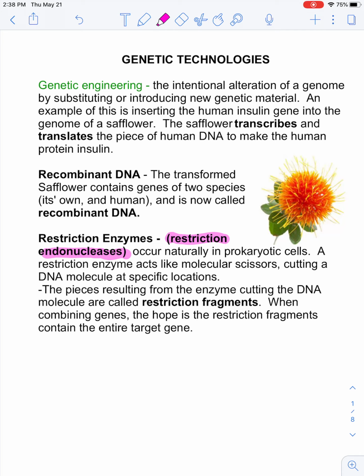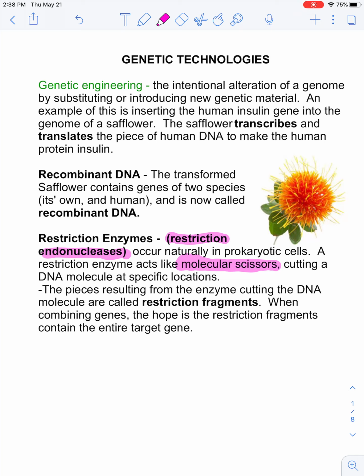But they also work great at chopping up any DNA we want them to. So we use them as molecular scissors. So they cut DNA at specific locations, and you end up with these pieces. The pieces resulting from the enzyme cutting the DNA molecule are called restriction fragments.